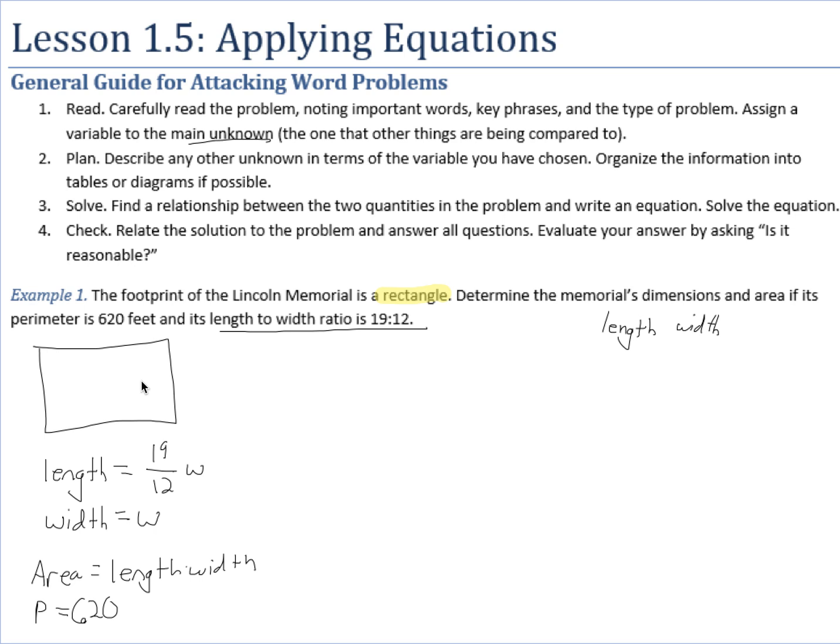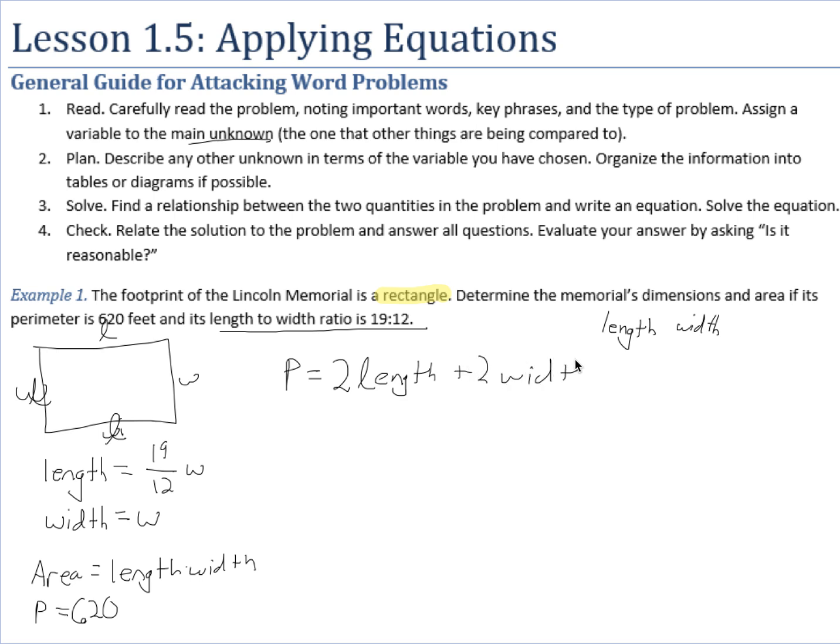So in a rectangle, we know the perimeter is the length and the width. So these are length and width. That's what those stand for. And I wrote these wrong. So this should be length, and this should be width. So we know perimeter of a rectangle is 2 lengths, the measure of the length, plus 2 times the measure of the width.